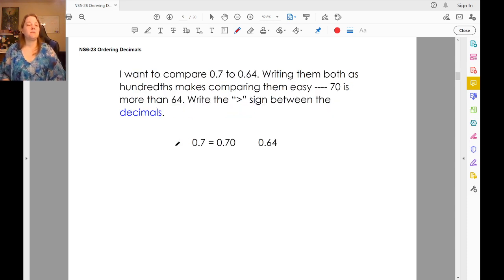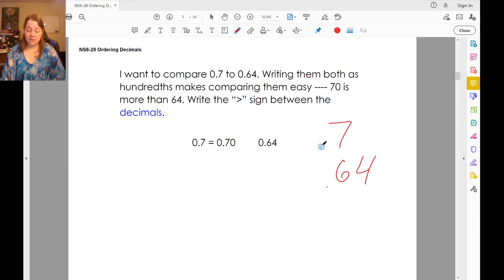Let's say I want to compare 7/10 to 64/100. I could write them both as hundredths. Now, 0.7, 0.64.